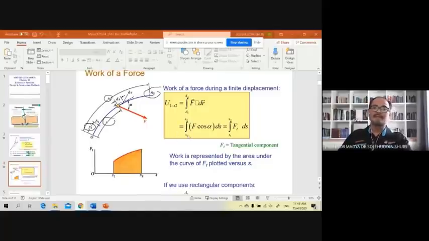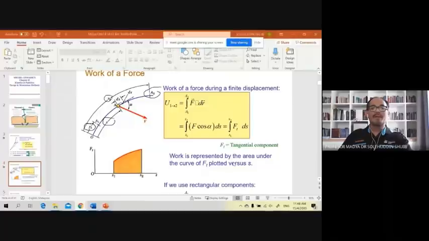If you want to write in terms of S1 and S2, we can write this in this form. F dr basically is F cosine alpha and then ds. So you do the integration and you will get the integral of F tangential ds, you integrate S1 to S2. Okay, this is what it's all about.